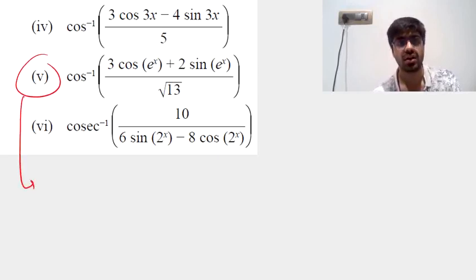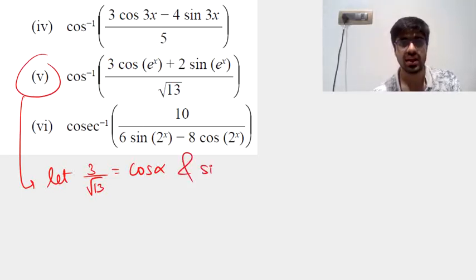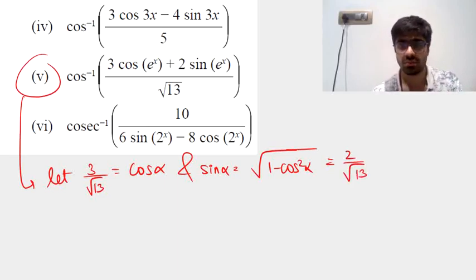The fifth one, again let's take 3 by root 13, as there's a cos inverse here and there's a cos here, so this will be cos. So let this be cos alpha, and sin alpha will now be root over 1 minus cos square alpha, that will be 1 minus 9 by 13, that is 4 by 13, that will be 2 by root 13.